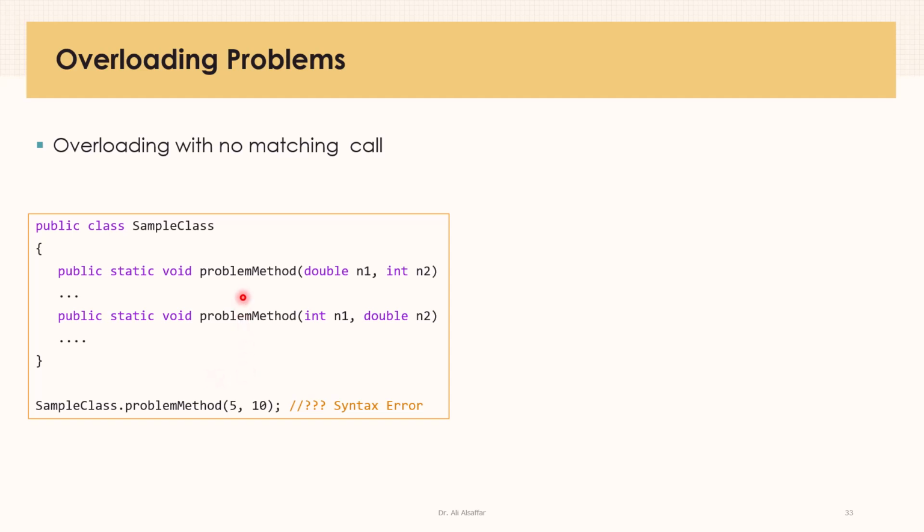Is it going to call the first method, assuming that the first parameter should be converted to double, or call the second method, assuming that the second parameter is converted into double? This decision has to be made by the programmer, not by the compiler. Therefore, the compiler will be confused, and it will assume that this invocation is ambiguous and will generate a syntax error.